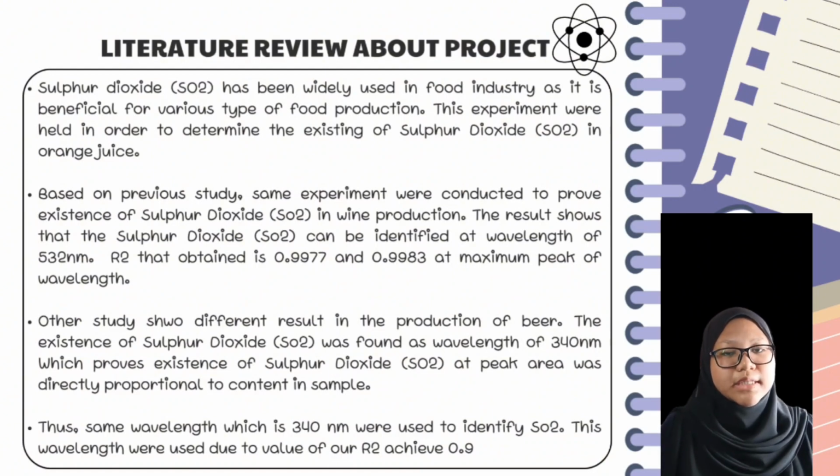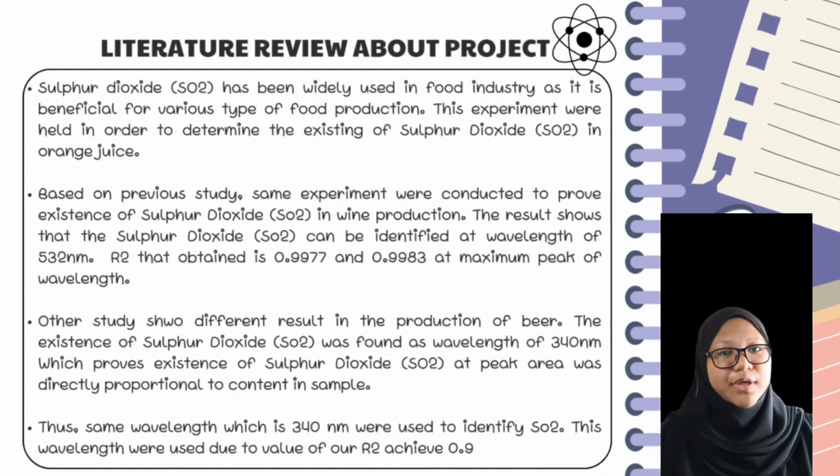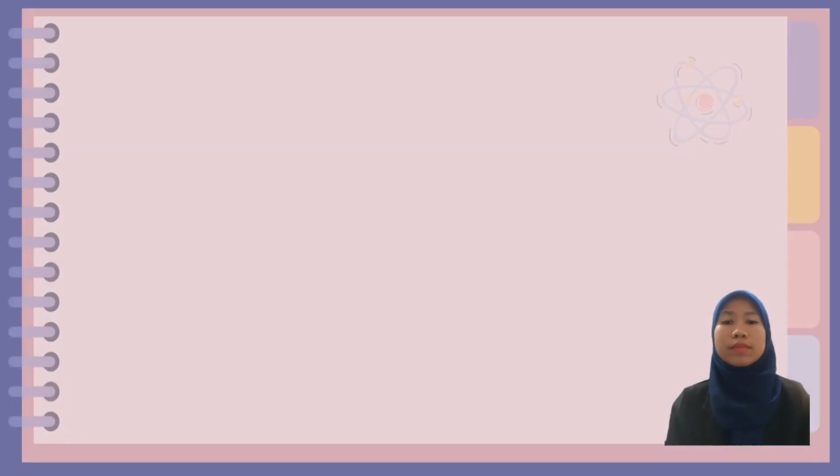Based on the previous studies, our result shows that a wavelength of 340 nm can identify the existence of sulfur dioxide, which can relate to our R-square value of 0.9.